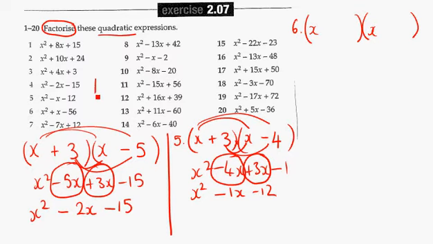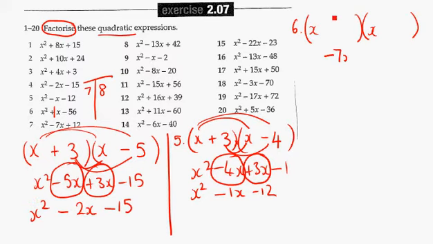Right, factors of 56. Now there's quite a few possibly, and there'll be one like 2 and 28, but we'll have a go, and I'm pretty sure it's going to be the 7 and 8, because I can combine a 7 and an 8 to give me plus 1. Let's think about how we might do that.